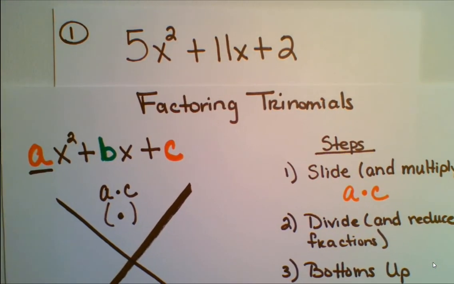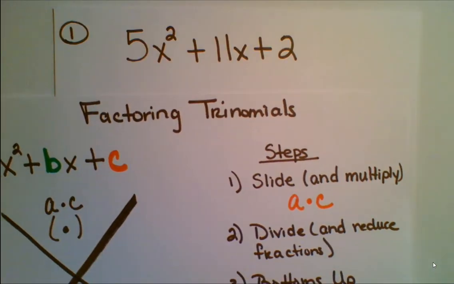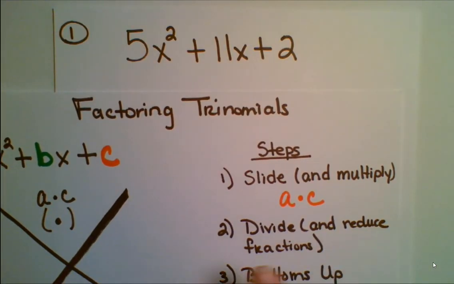In order for us to use this method, we're going to be multiplying the a and c together to fill in the x portion. Then I'll show you how to set up the template here, and then we are going to divide it out, reduce, and then talk about what it means about the bottoms up.